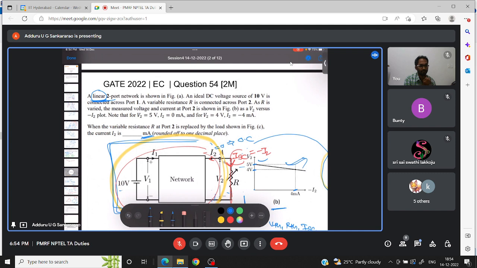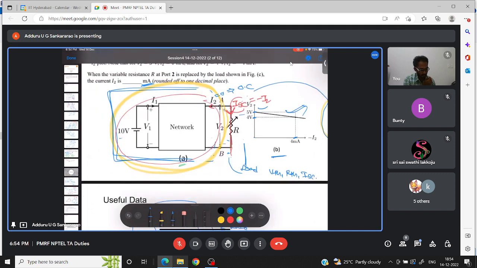Because at 5 volts the current is 0, it's like an open circuit, so we can find the open circuit voltage. Similarly, if it's a straight line and we extend it, at 20 milliamperes the voltage is 0, short circuit. So we can find VTH and ISC, and from that RTH. We can replace with either the Thevenin or Norton equivalent, then we can easily find whatever quantity is required.